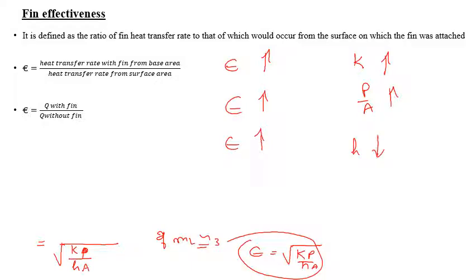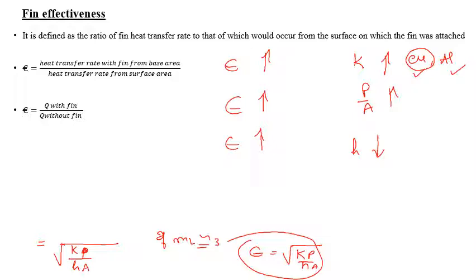Now, the k value is bigger for which material? I can have copper or aluminum. When shall we go for copper? If weight is not a criterion, I can go for copper. If weight is a criterion, then I have to go for aluminum. Moreover, cost also has an influence on copper.